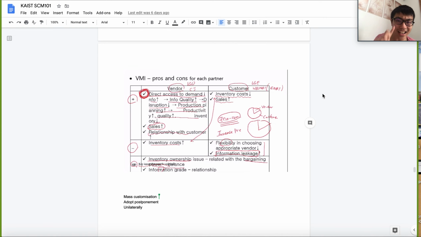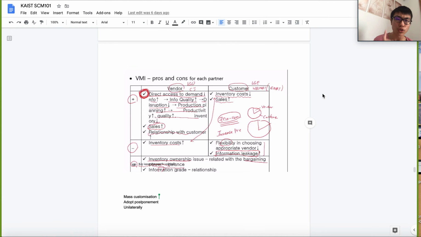But when they're able to access the demand information and coordinate and manage the customers' inventory, they're able to sell the inventory because they can sign certain contracts to make sure the vendor will sell the inventories and the customers must buy the inventory wanted and demanded by the customers themselves.